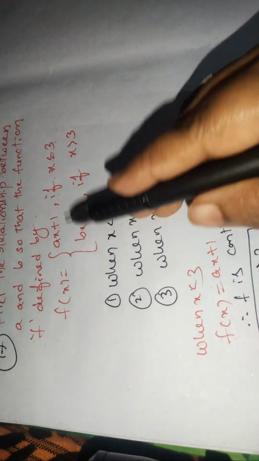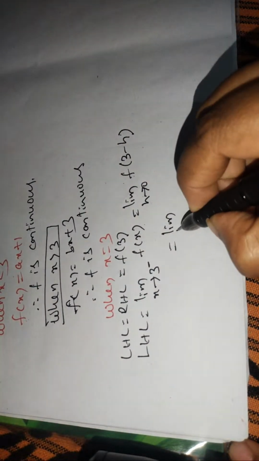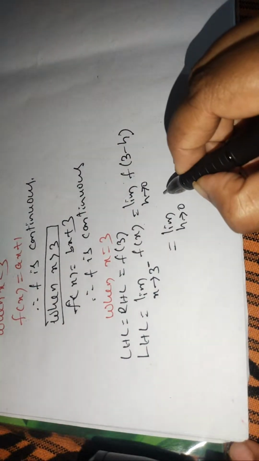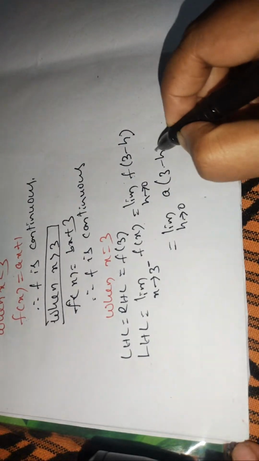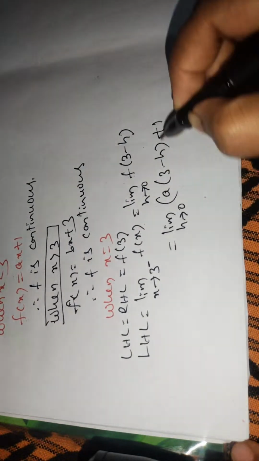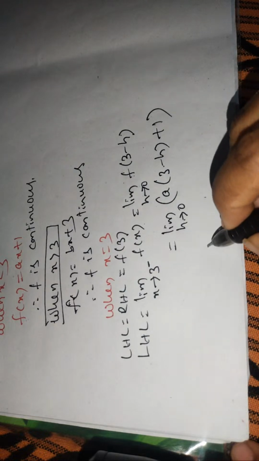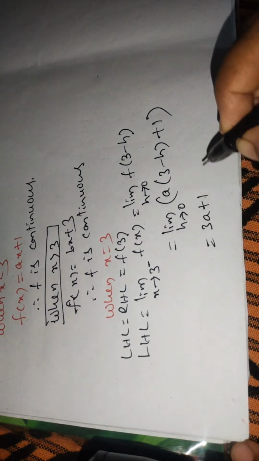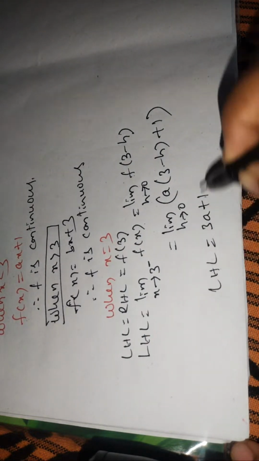When x is less than 3, the function is ax plus 1. So limit h tends to 0 of a times 3 minus h plus 1. Now put h equal to 0, so 3a plus 1. It is LHL.